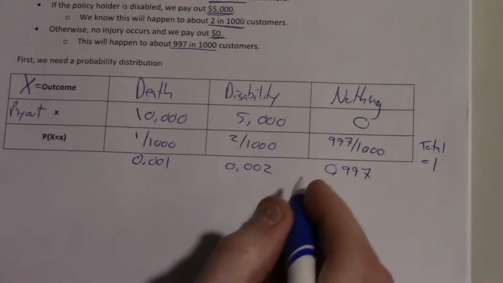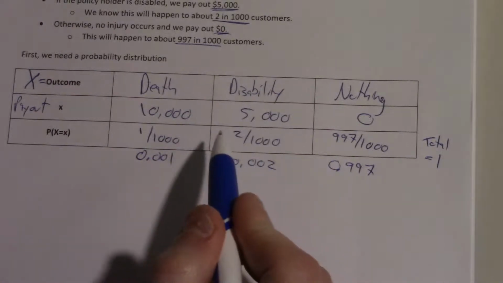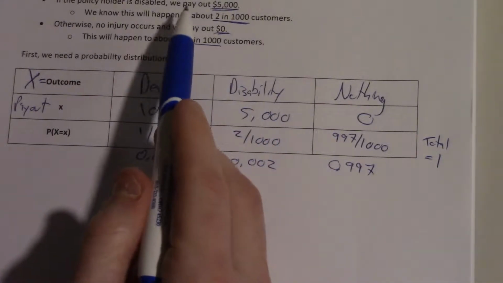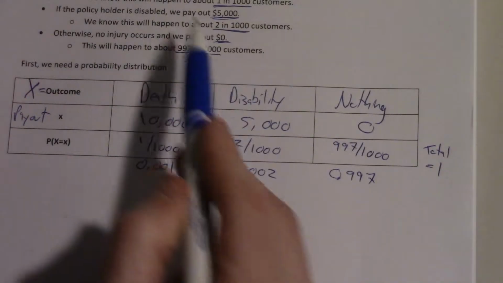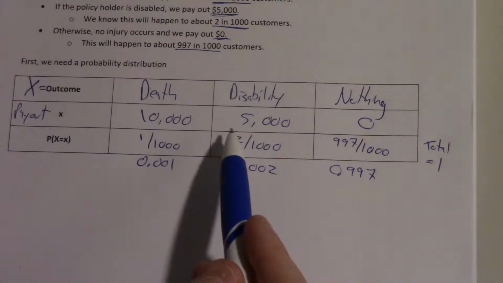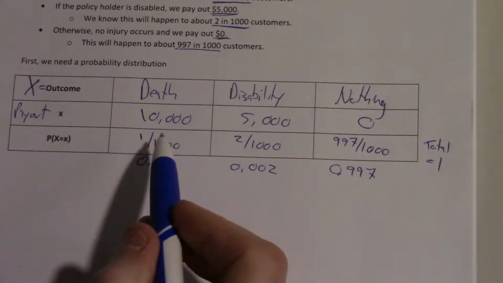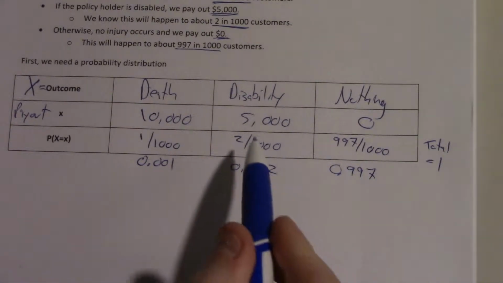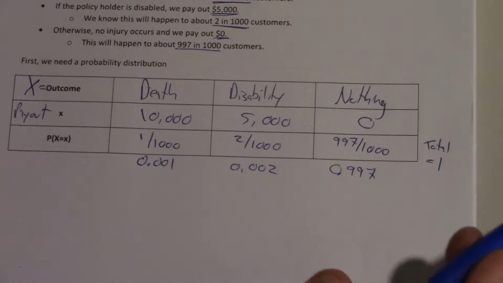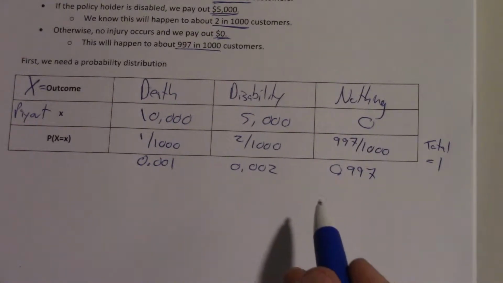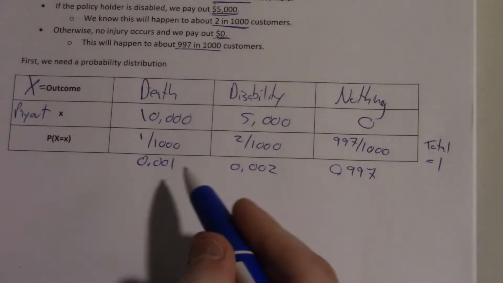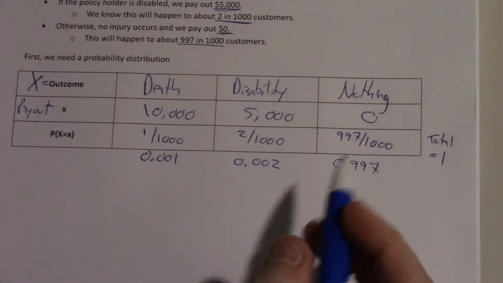So what we need to do next is figure out, on average, how much money are we giving to each customer? So what's actually happening is one person gets 10,000, two people get 5,000, and the rest get 0. So we need to figure out in total what's being paid out.